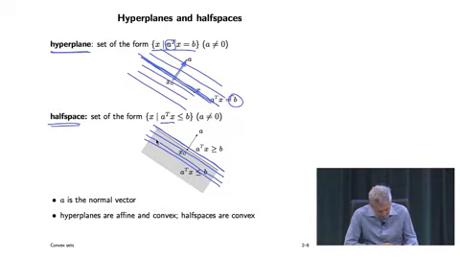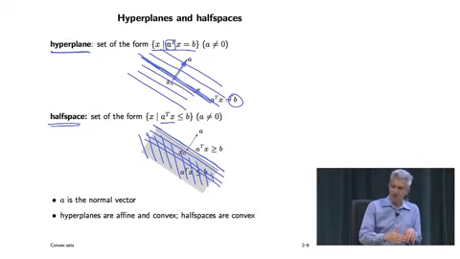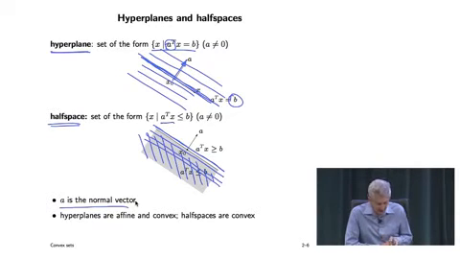Everything in this half space is the set of points where a transpose x is less than the value b. If you change b, you simply move the surface in a parallel way, up and down. And a is an outward normal to that set.